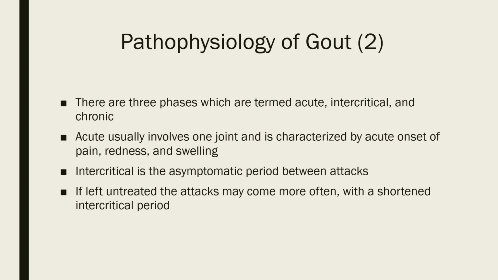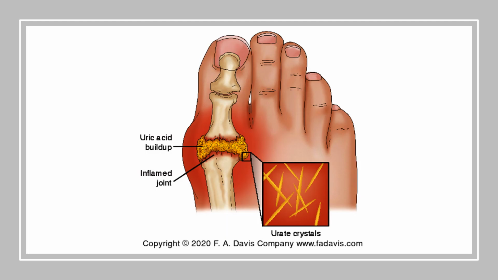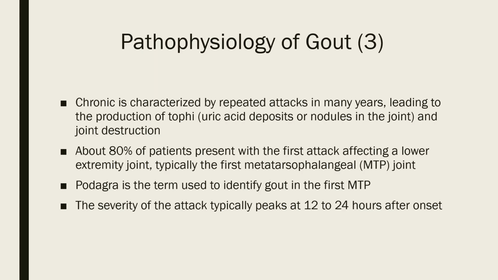If left untreated, the attacks may come more often with a shortened intercritical period. Chronic is characterized by repeated attacks over many years, leading to the production of tophi. Tophi are uric acid deposits or nodules in the joint and joint destruction.